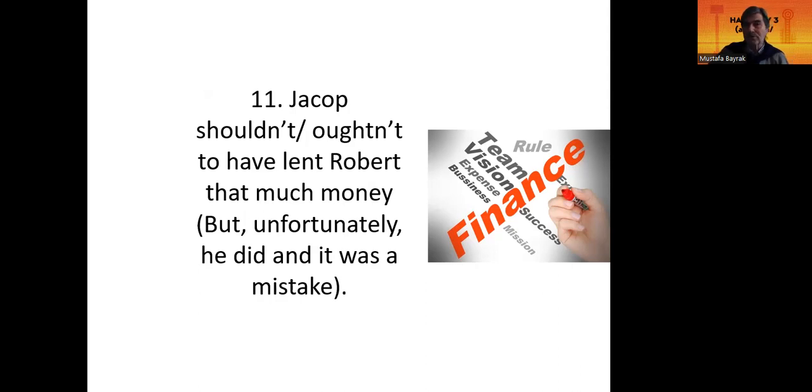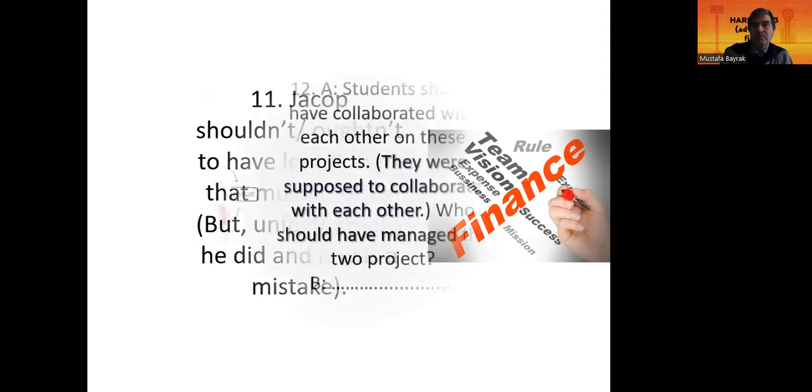Although ought and ought to is 100% true. Jacob shouldn't have lent Robert that much money, but unfortunately he did, and it was a mistake. So I criticize that situation.